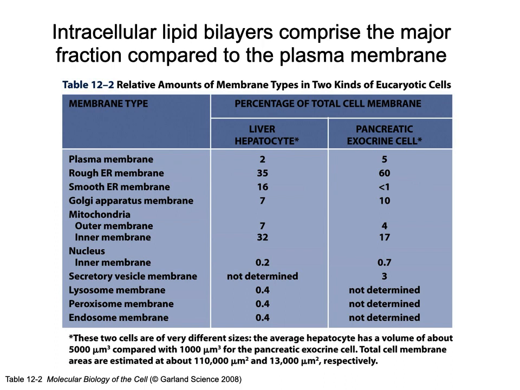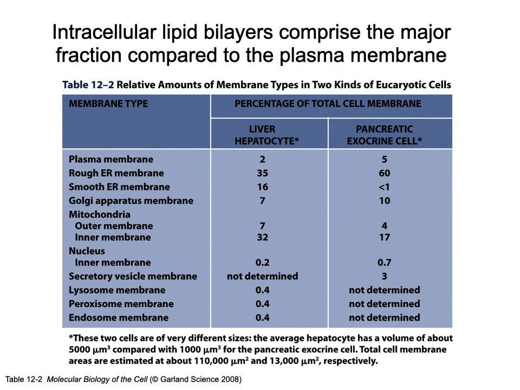But when we look at how much of the total cell membrane is actually plasma membrane, it's a very small percentage. For liver hepatocytes, it's only 2%. With the pancreatic exocrine cell, it's only 5%. So it's very important, but there's a lot of other membrane material inside the cell.